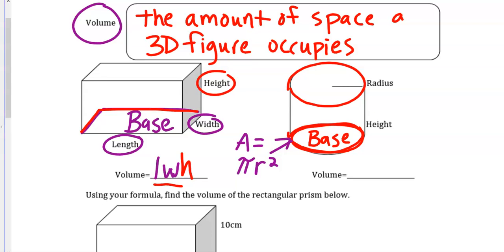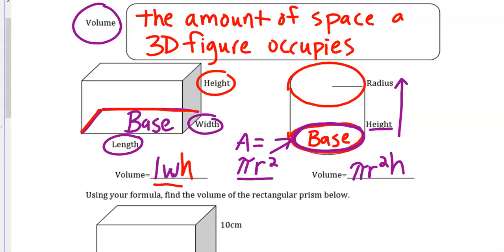We want to find out what it is three-dimensionally and its volume. So we're going to take the area of the base, pi r squared, and multiply it by the height. So our formula for the volume of a cylinder is simply pi r squared times h. That's the area of this base, and we multiply it by the height, because then that will give us the three dimensions that we need.